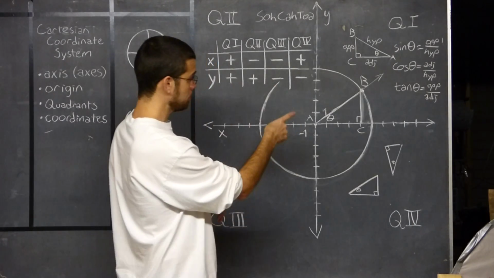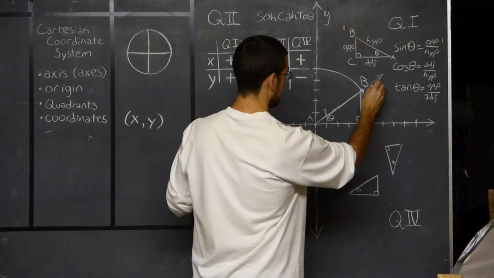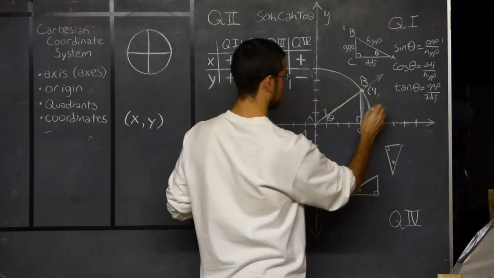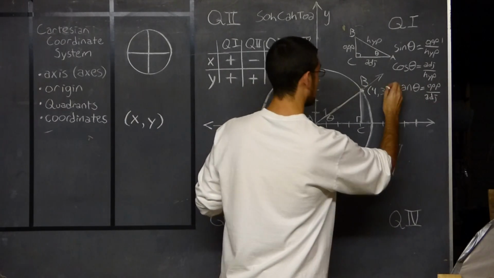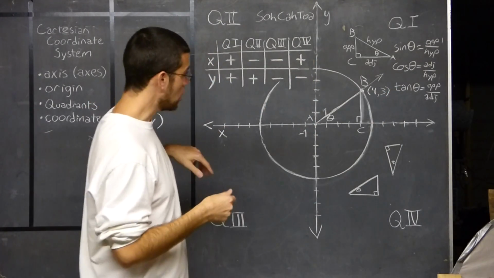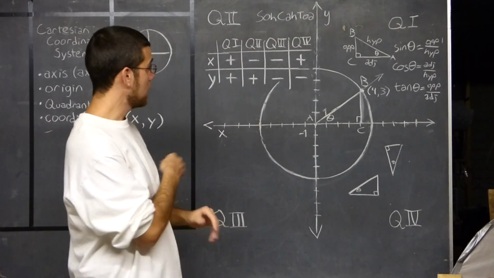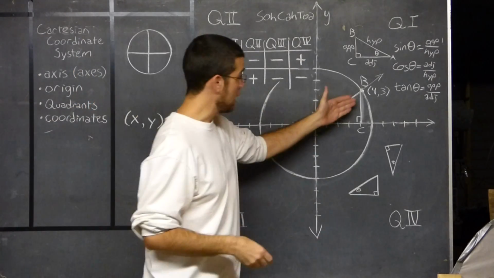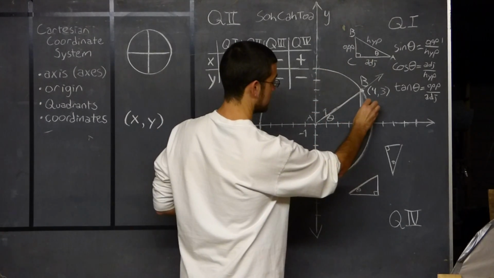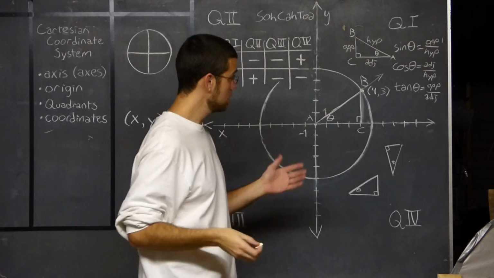And so, this point B is 4, 3. So, we've located our triangle there, and sine of theta, as you know, is this opposite side divided by the hypotenuse.